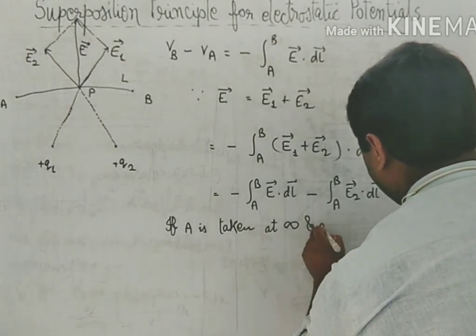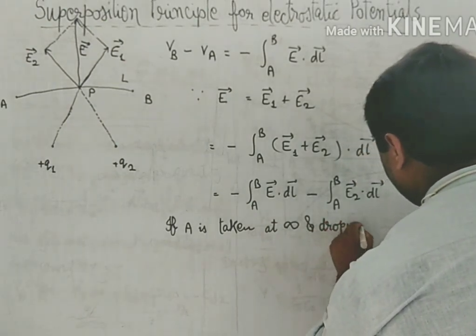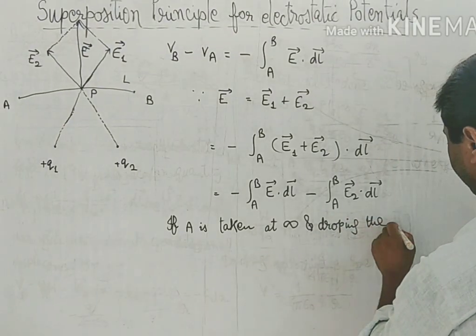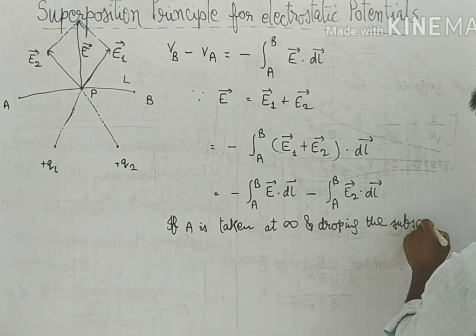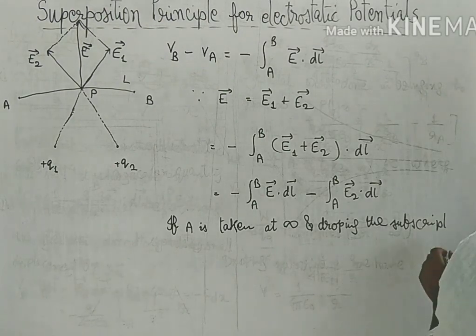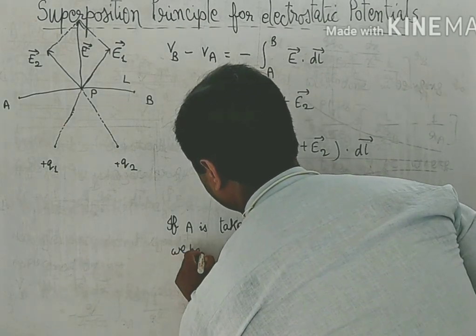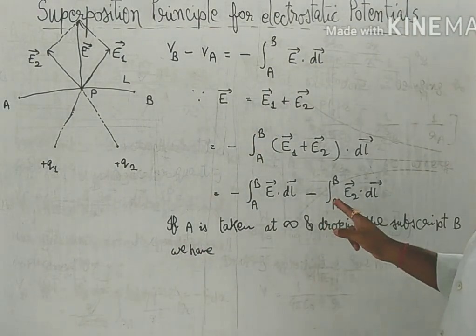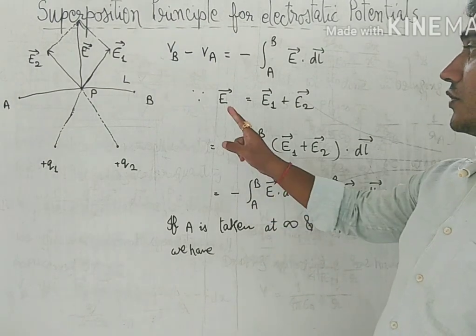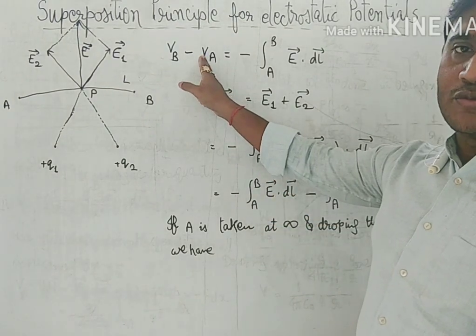Dropping the subscript B, as we take this point at infinity, the potential at infinity has to be 0.